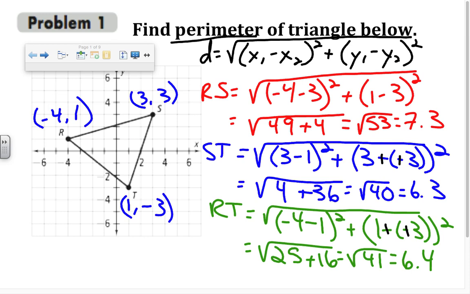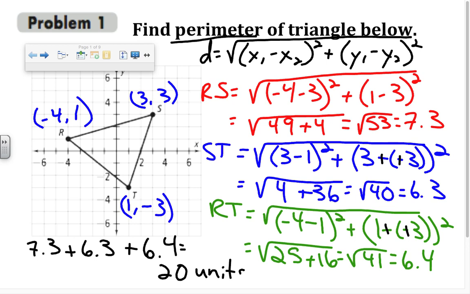So finally, in order to get our answer, we do 7.3 plus 6.3 plus 6.4, and we get 20 units. And that's that problem, finding the perimeter.